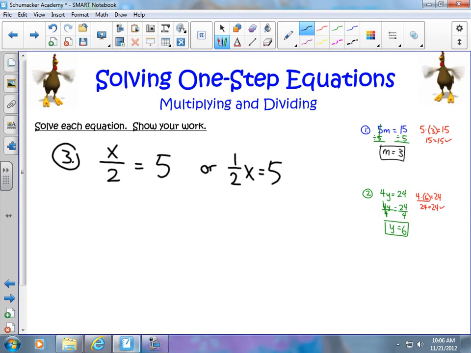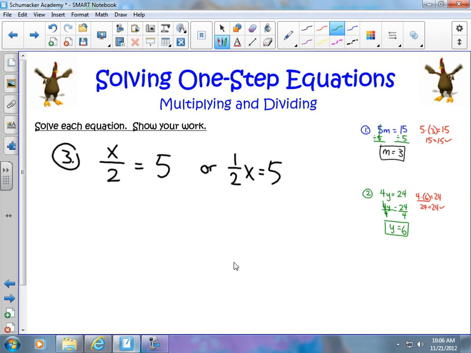They really mean the same thing. You could treat them either way. I think of this as a division problem. You can think of it as a fraction problem. The same inverse operation works on either one. So if we are dividing by 2, the opposite of dividing is to multiply by 2.